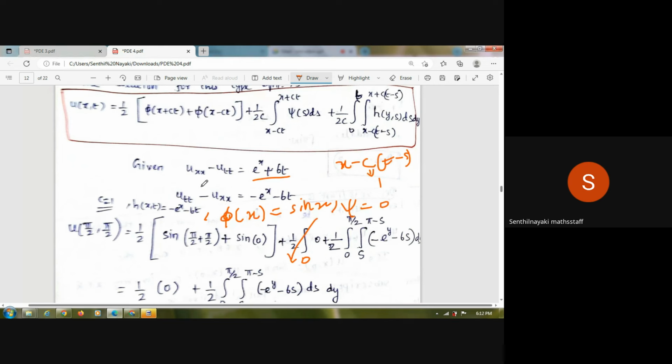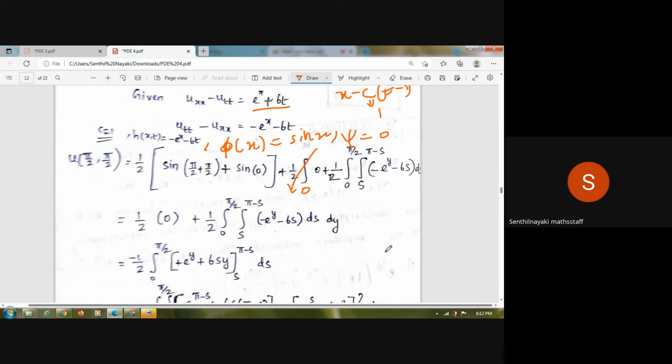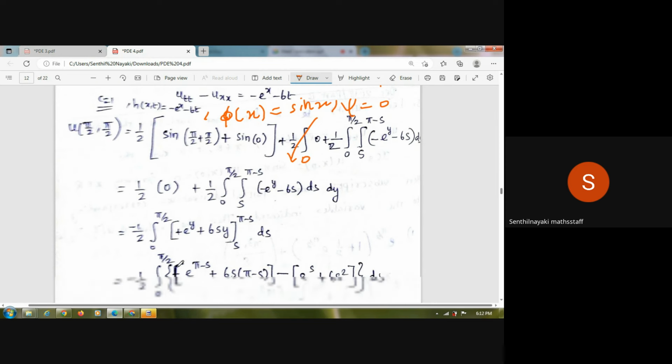And h(y,s). So h(x,t) is e^x − 6t; replace x by y and t by s, then h(y,s) is e^y − 6s. So integrating with respect to y, take this minus sign as a common term, then −1/2 ∫ from 0 to π/2.